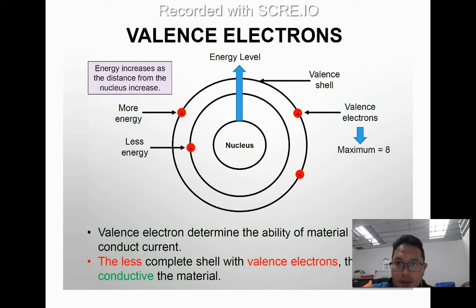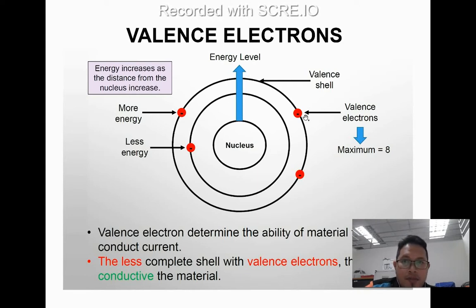So the valence electron is farther from the nucleus, beyond the inner layers. The more layers we have, the more the energy increases. Energy levels increase with more layers.